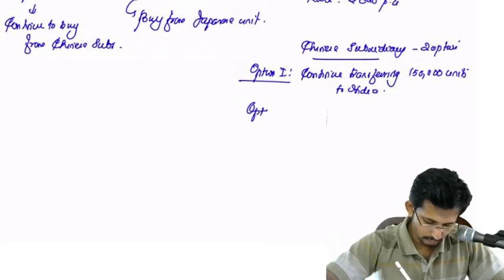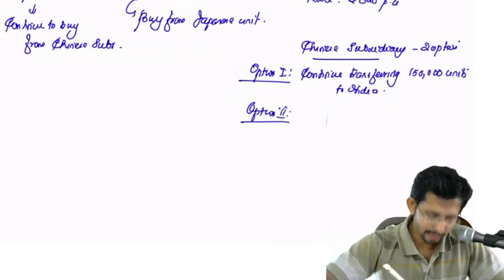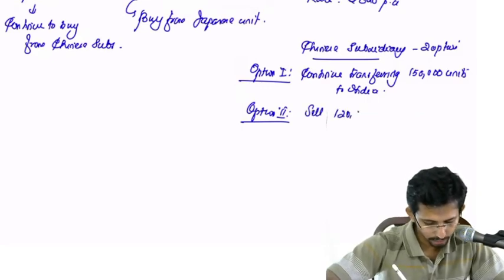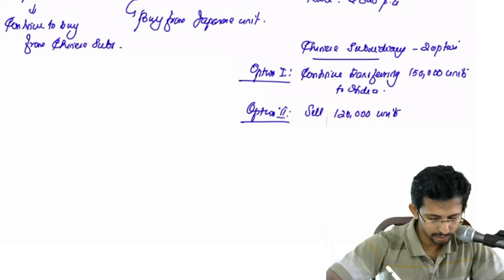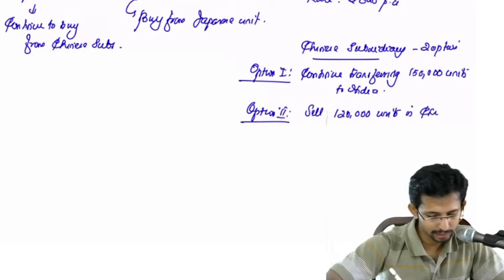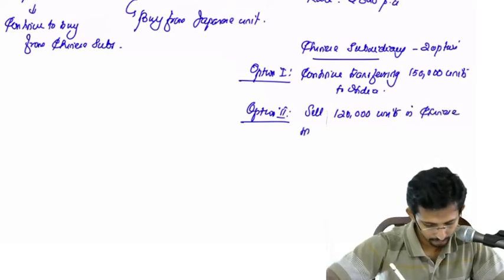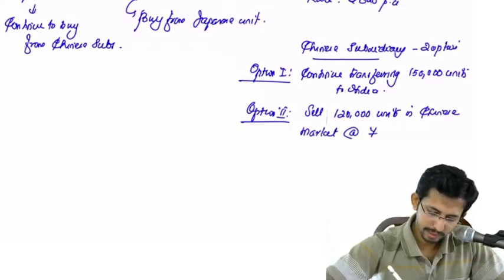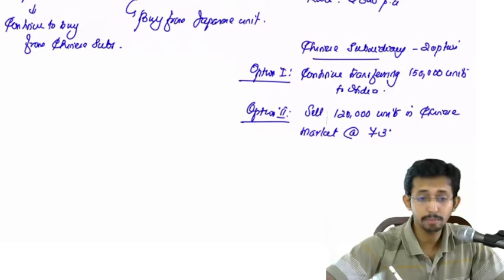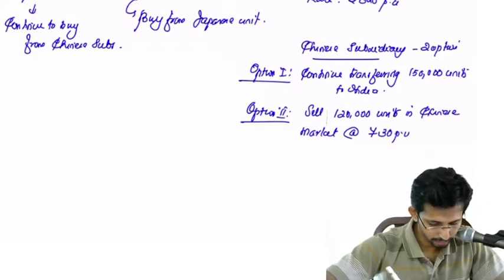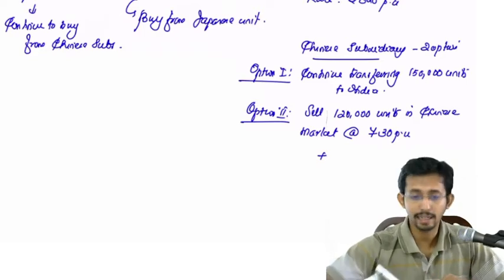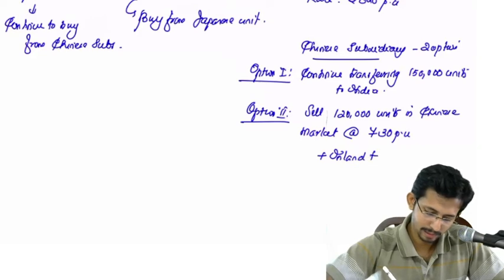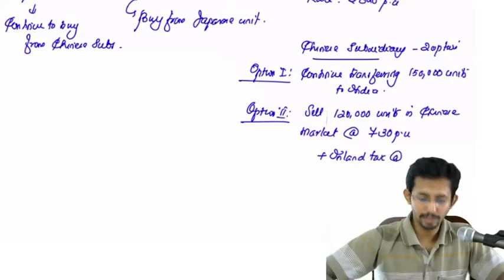Now option 2, if option 1 does not work, then it can sell 1,20,000 units in the Chinese local market at Chinese yuan 30 per unit. But there is an inland tax at the rate of 10% of sales value.